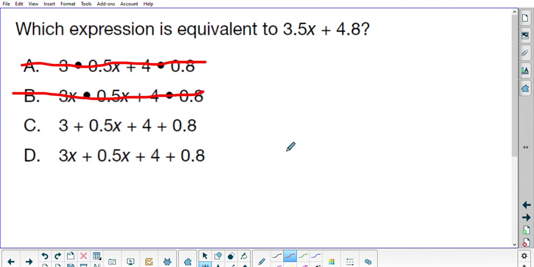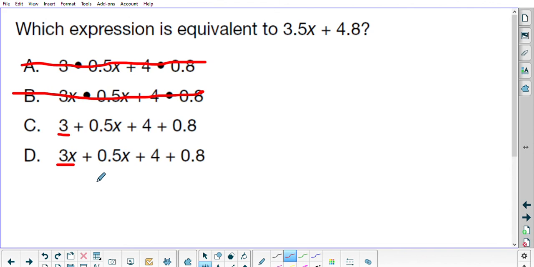So we're down to choice C and choice D, and they look really similar. But there's a big difference. Choice C just has 3. Choice D has 3x. You are only allowed to add or subtract when you have things alike.